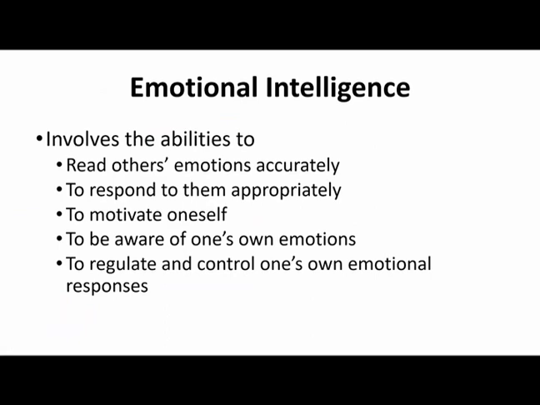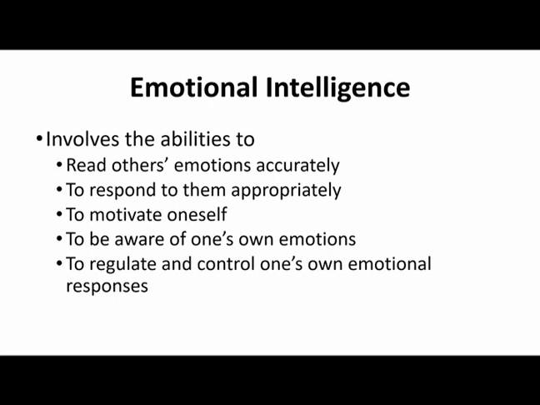Another broader conception of intelligence is the idea of emotional intelligence. This was proposed by Mayer and Salovey, who stated that our emotional intelligence is going to involve our ability to read others' emotions accurately. Can you tell what other people are feeling?